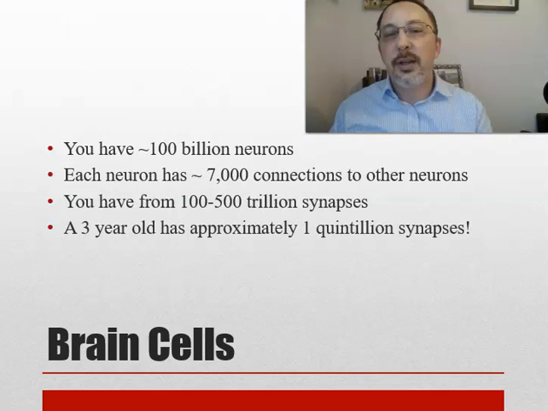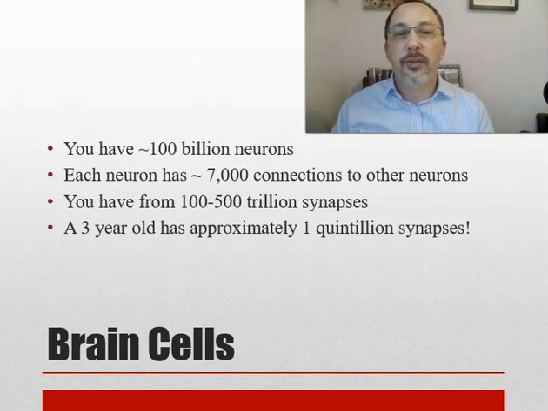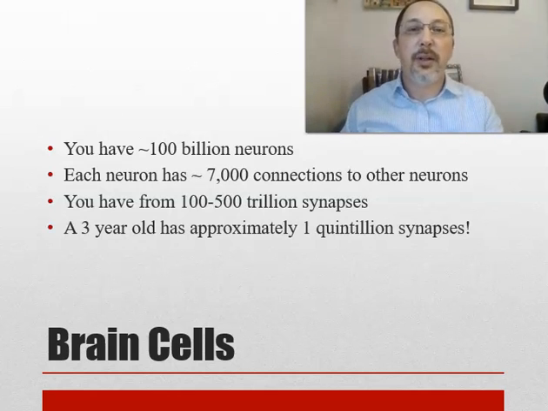But the idea is about 100 to 500 trillion synapses, but a 3-year-old has approximately 1 quintillion, which is a very large number, far more than we do. And we wonder about why that is. And the reason has to do with the way that a developing brain works, right? A child has more synapses, but less organization.